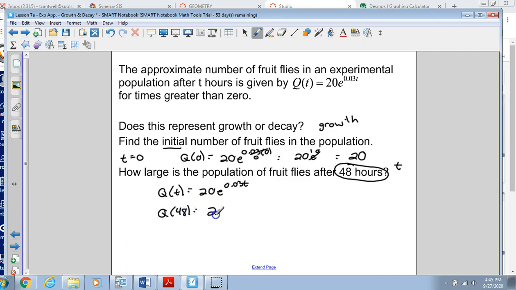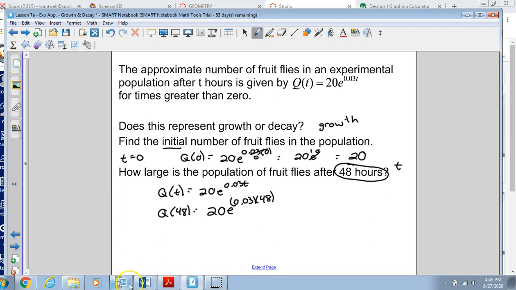That equals 20e to the 0.03 times 48 power. We are definitely going to need our calculator for this. First I'm going to show how to do this on the graphing calculator, and then I'm going to show how to do this on Desmos as well. All we have to put in is 20e to the 0.03 times 48 power.